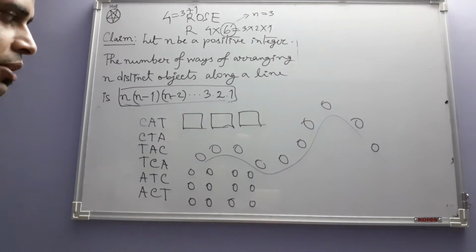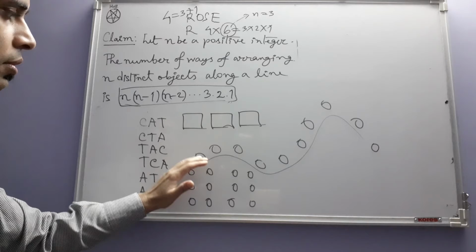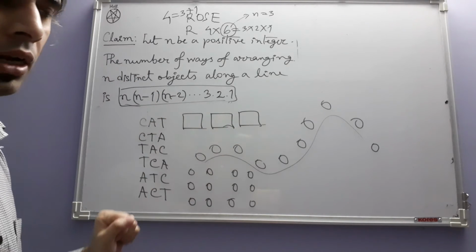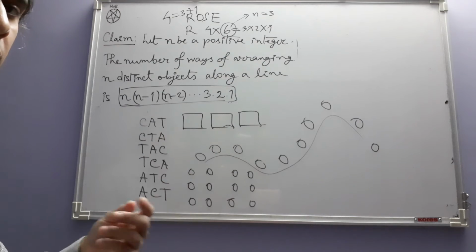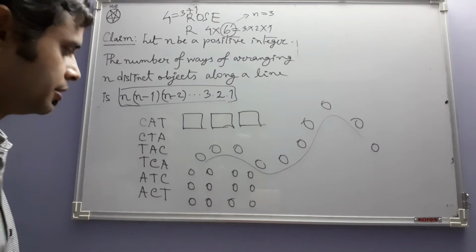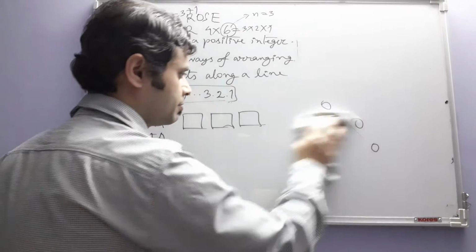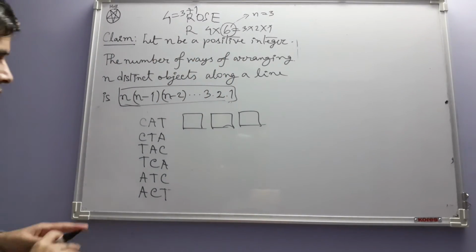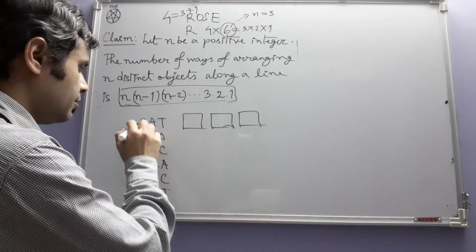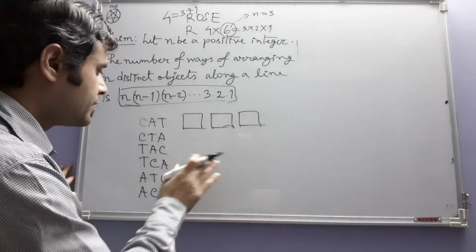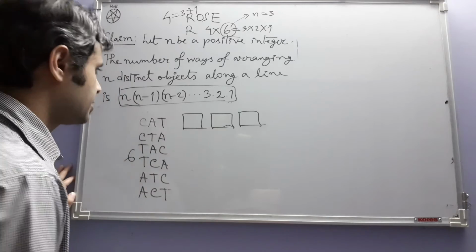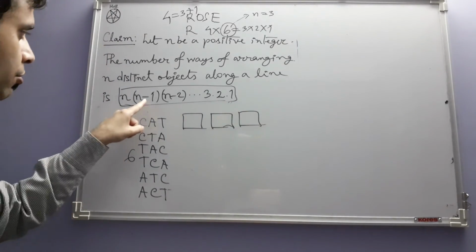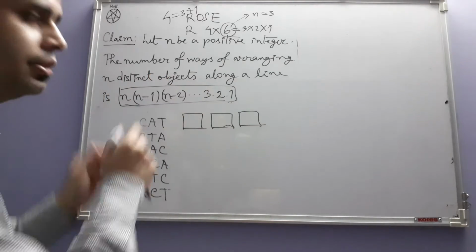Whatever be the case, this is the case we are considering now. That circular case creates extra complexity. We will see that later. Now, for the case at hand, we want to understand why the number 6 is appearing, not using this formula. In fact, we want to know why this formula is like this.